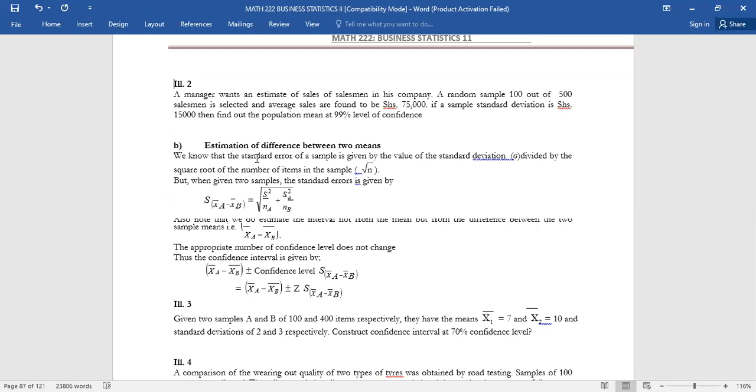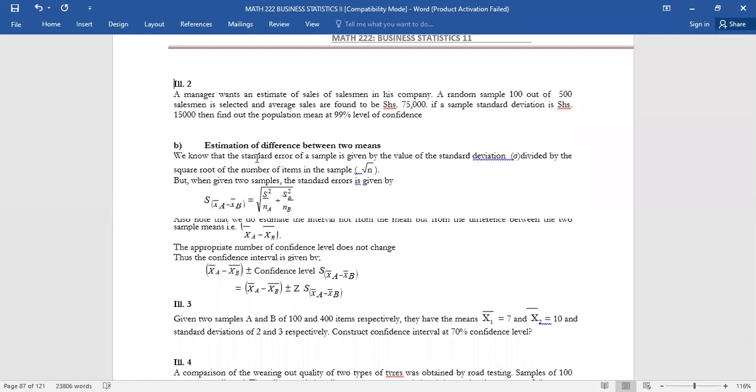Our first step is getting the mean. 75,000 is the mean, so our X bar is 75,000. You have to be very categorical: is the mean of the sample or the population? Of the sample, right?